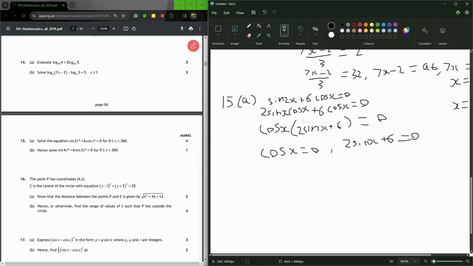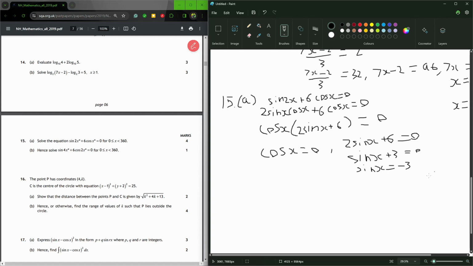Right. Let's do this one first, okay? I'm going to divide everything by 2, because then we're left with pure sine x plus 3. I'm then going to move 3 onto the other side, and the more astute among you will know that I'm running into a trap. Yeah, that's right. Sine x equals minus 3.